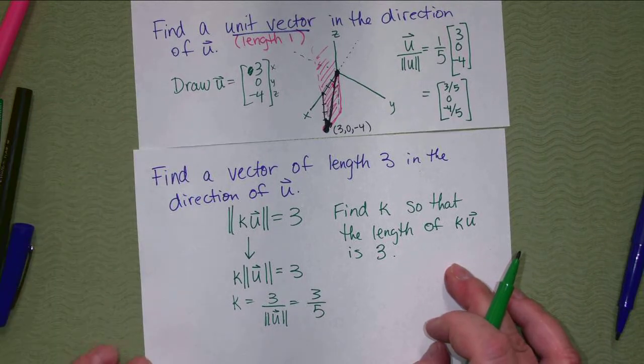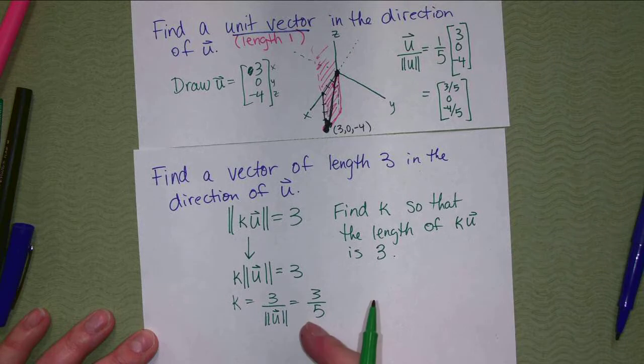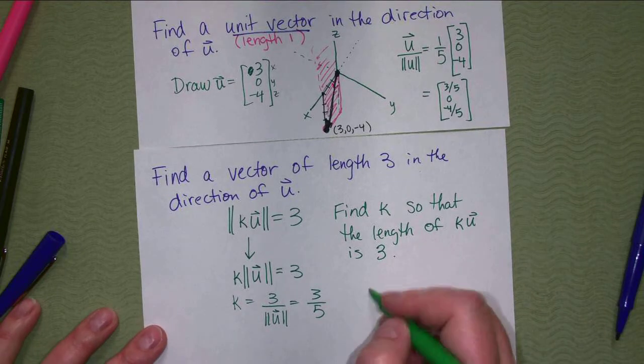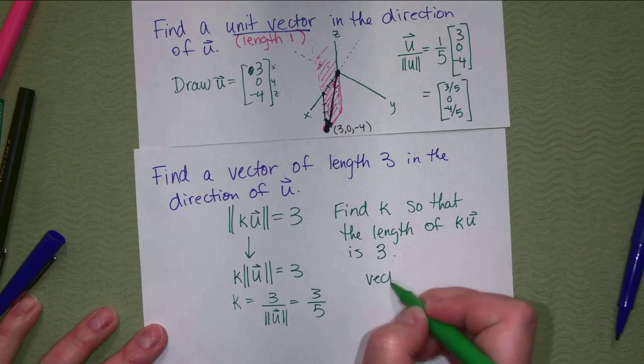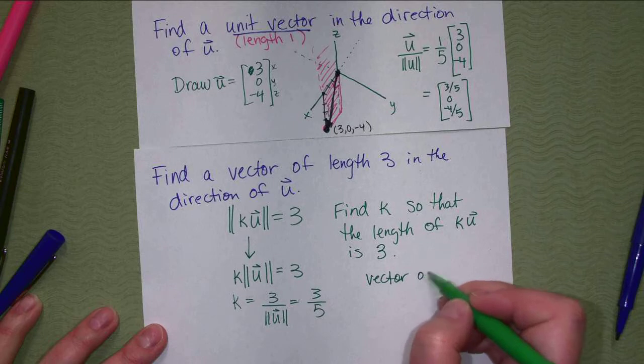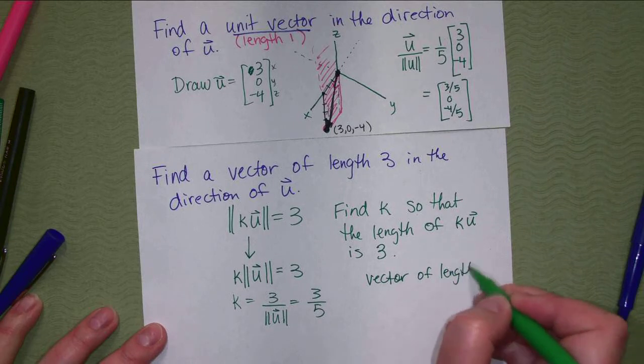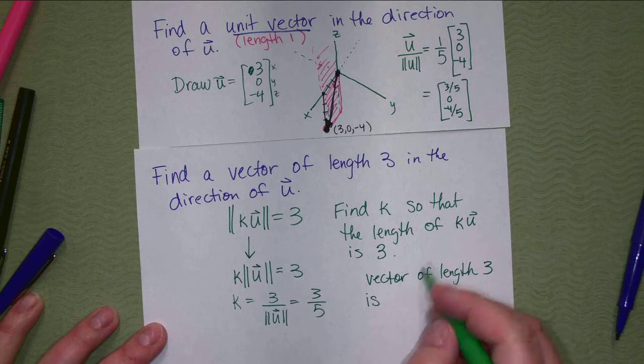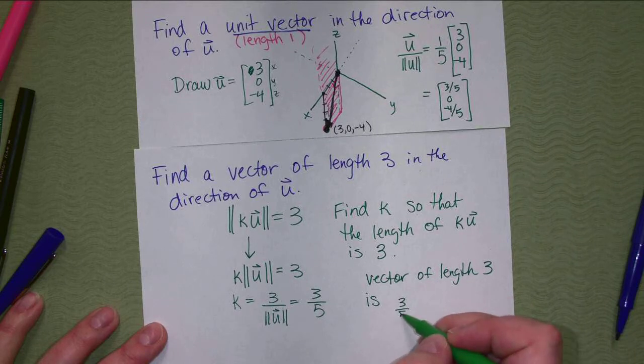Because we found it earlier, and that gives us the same thing. We divide it by 5 to make it a length 1, and then times by 3 to give it a length 3 that we wanted. So our vector of length 3 is 3/5 times u.